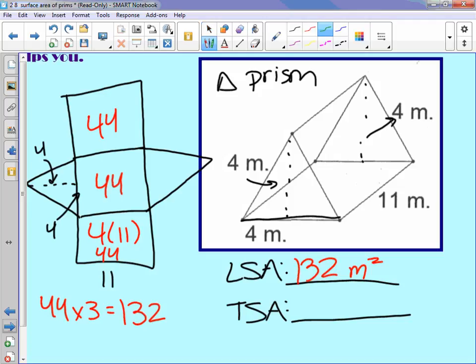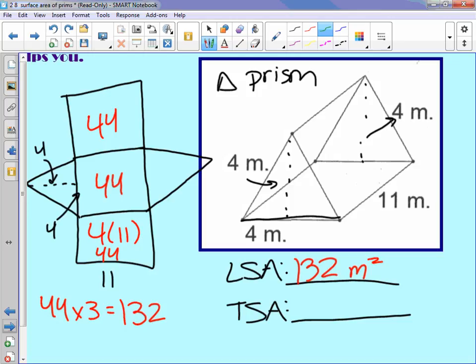Good? Okay. Some of y'all are giving me a look. This one's easy. And then here, what are the bases? Triangles, so I have 2 faces. So if this is 4 and this is 4, what is it? 16.